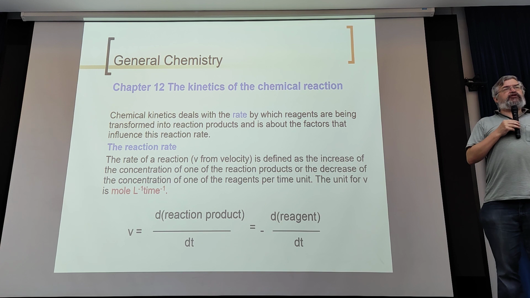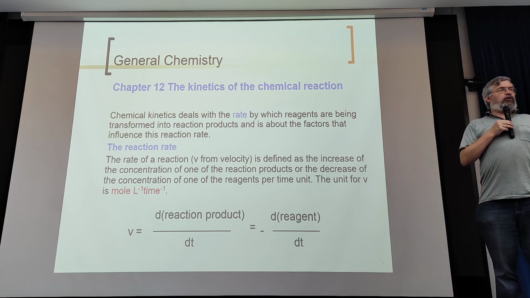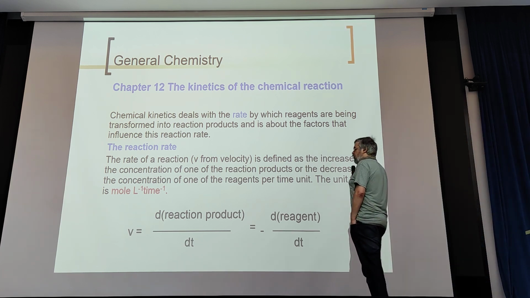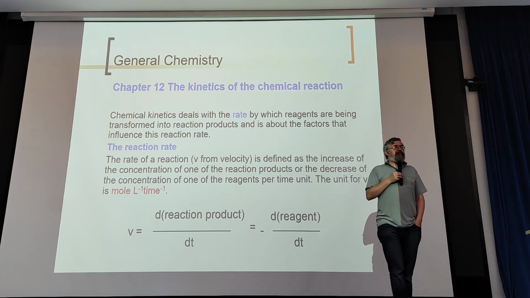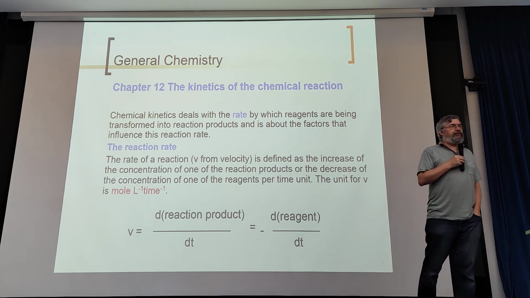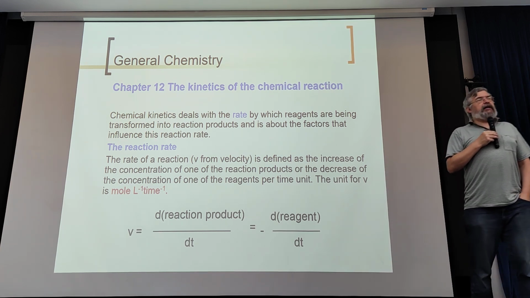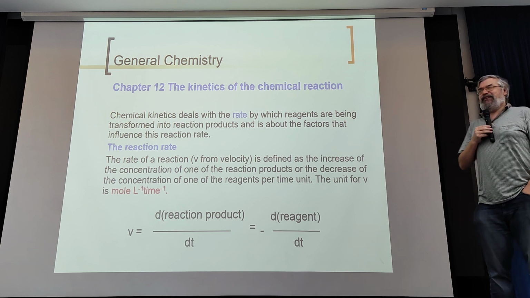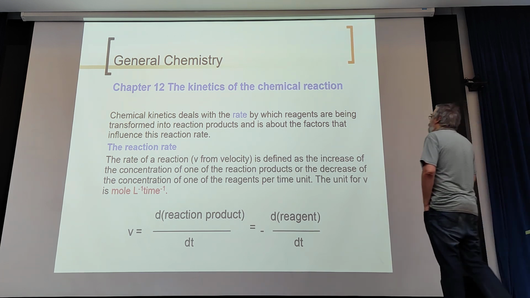Aspects of the chemical reaction, but we are no longer looking at the energies, but we are looking at the speed of the reaction, or as it is said in English, the rate of the reaction, making theoretical considerations from that.